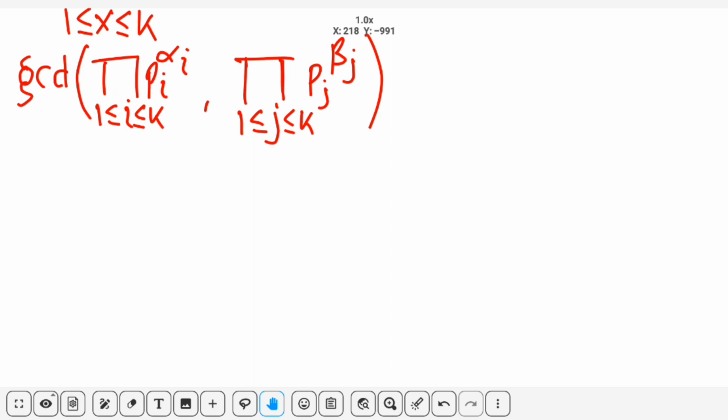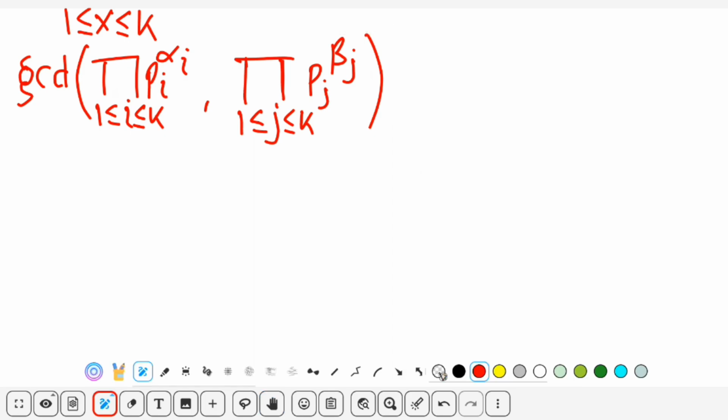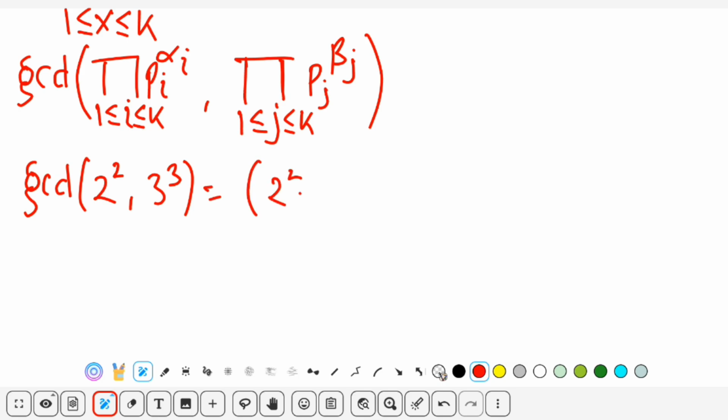So now let's talk about GCD. For the GCD of two numbers, let's consider two co-prime numbers, 2 to the power 2 and 3 to the power 3. You can write them as 2 to the power 2 times 3 to the power 0, and 2 to the power 0 times 3 to the power 3.